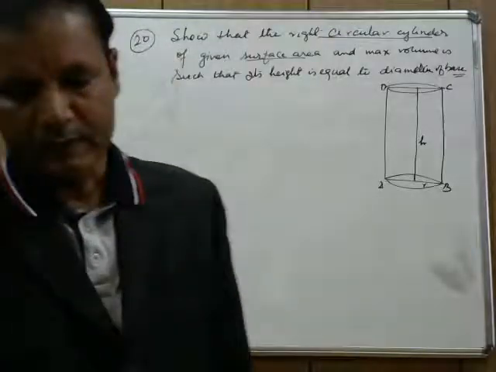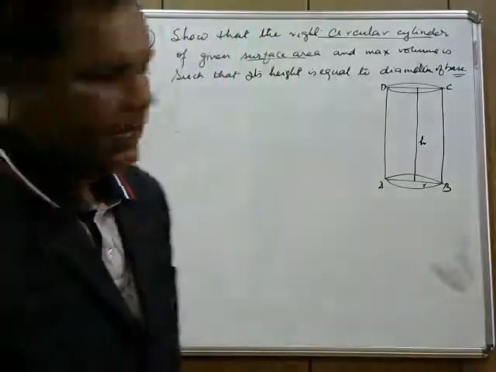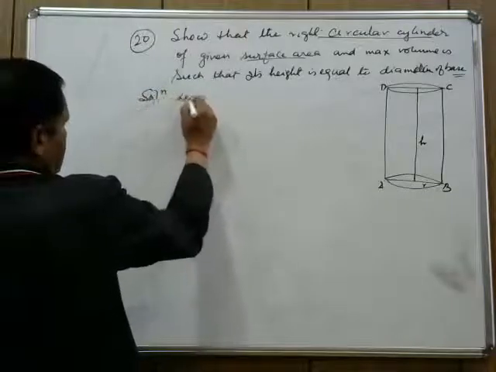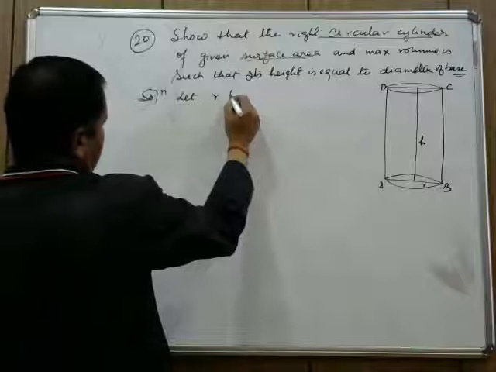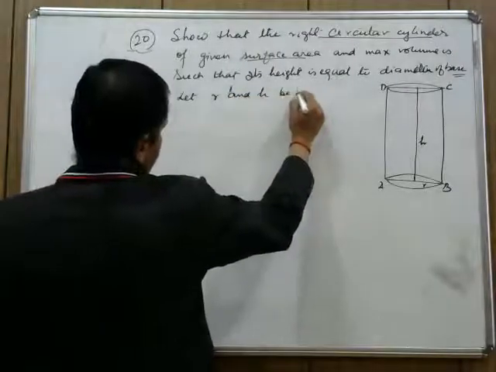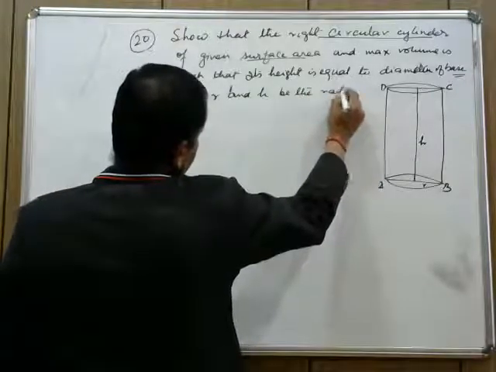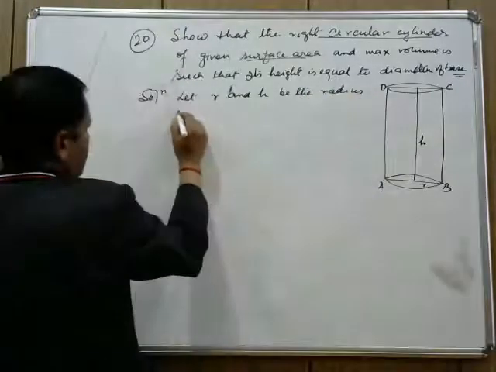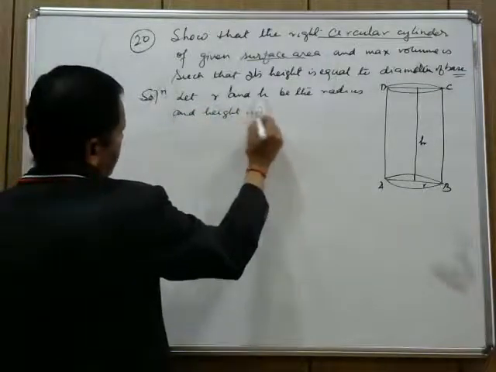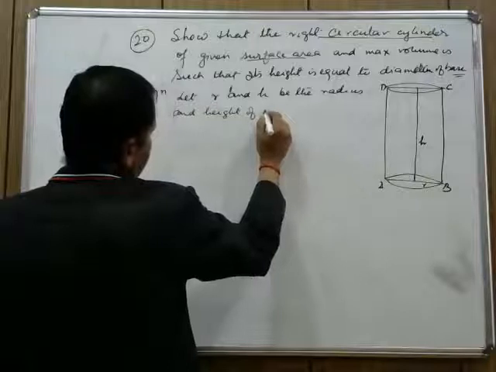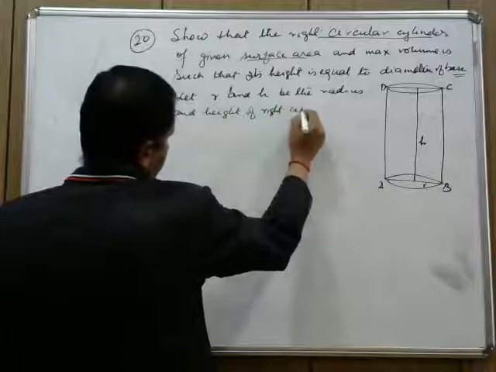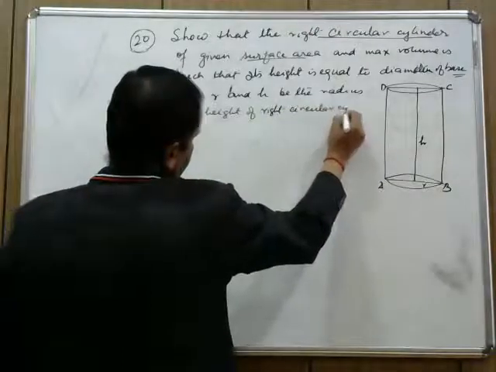So now first of all we'll write: let r and h be the radius and height of the right circular cylinder.